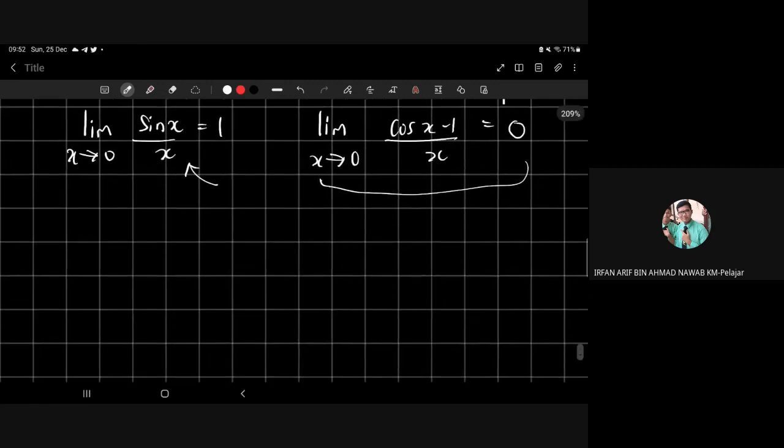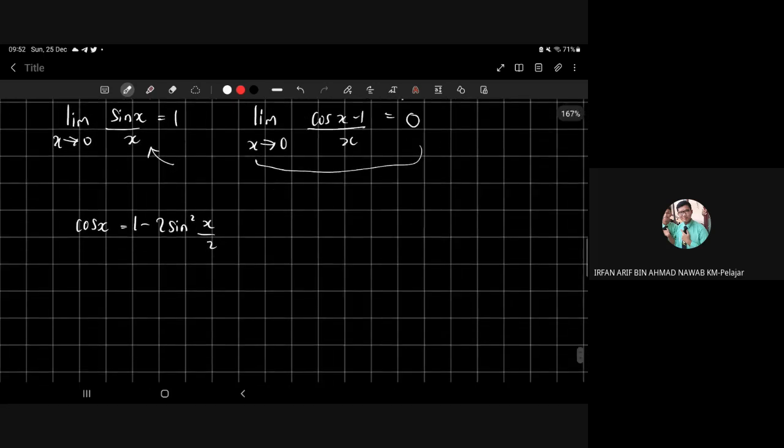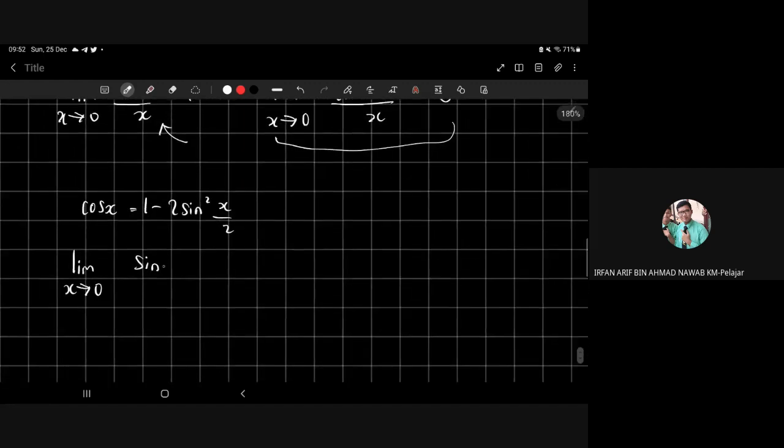We know that cosine of x can be evaluated from 1 minus 2 sine squared of x over 2. We can evaluate cosine of x through this identity.